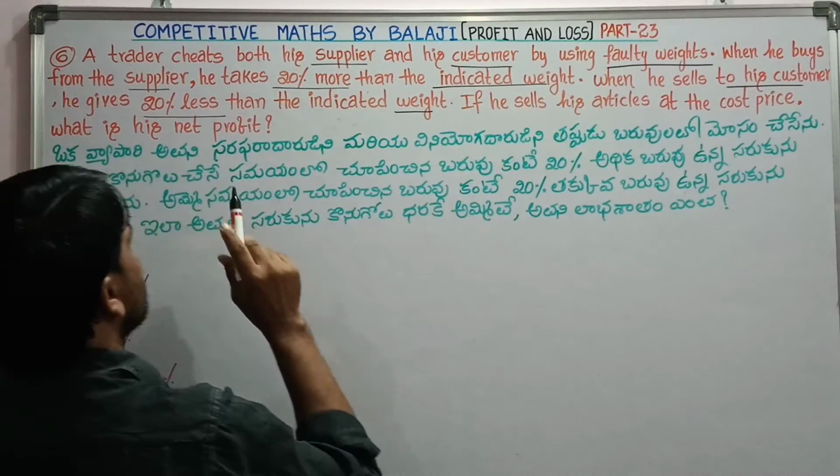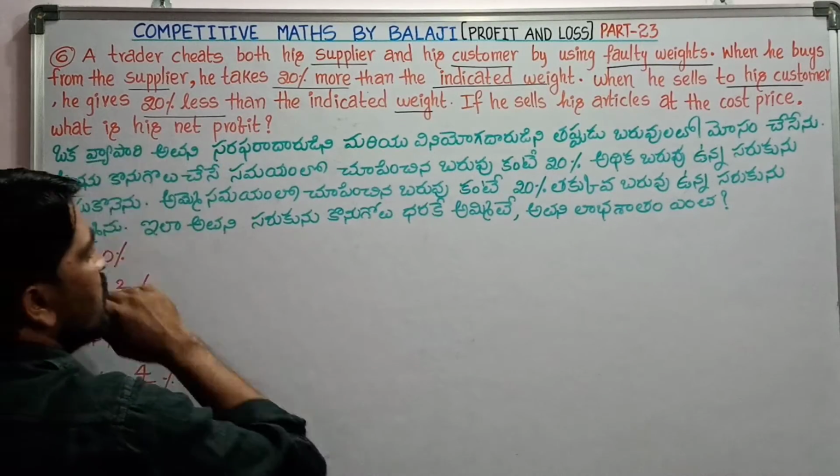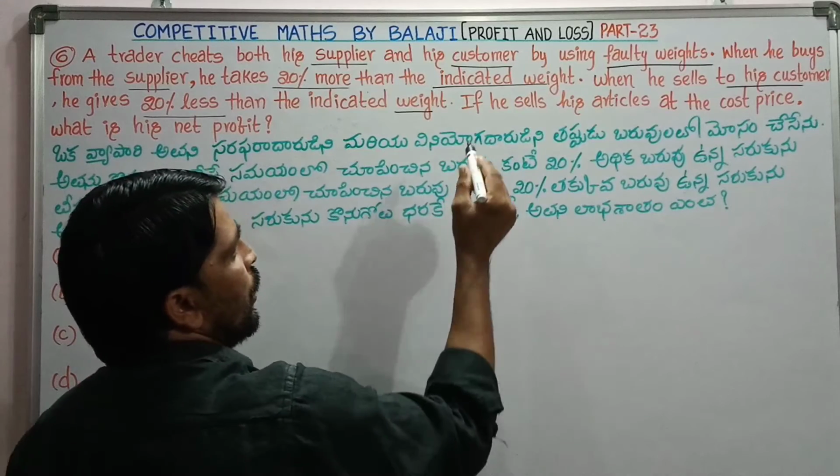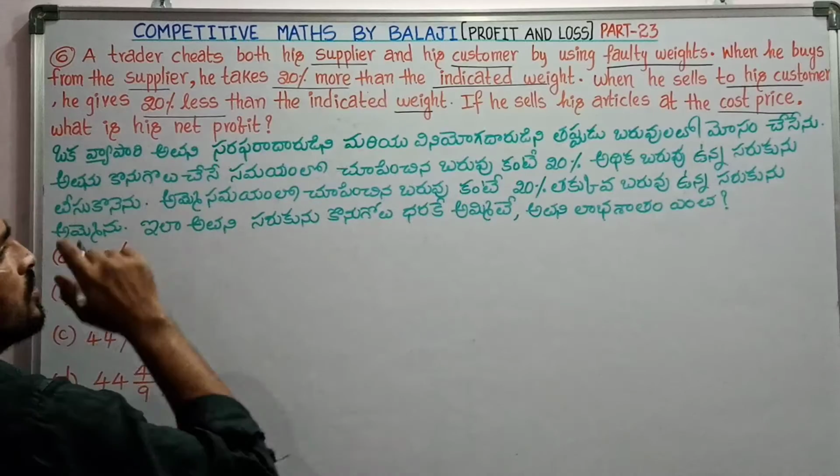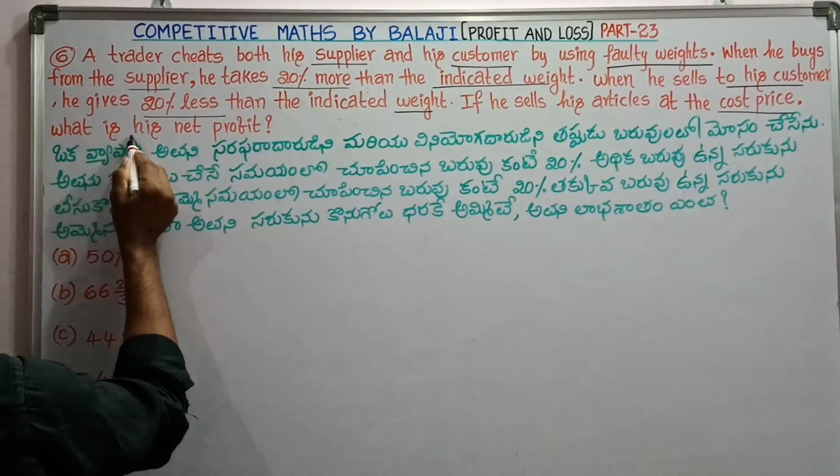When he sells to his customer, he gives 20% less than the indicated weight. If he sells his articles at cost price, what is his net profit?